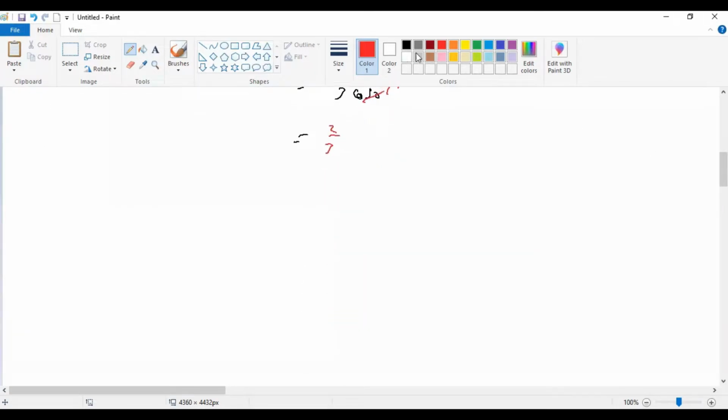Another example. To find the limit as x approaches 0 of tan x over sine 2x. Tan 0 is 0 and sine 0 is 0, so you have 0 over 0.